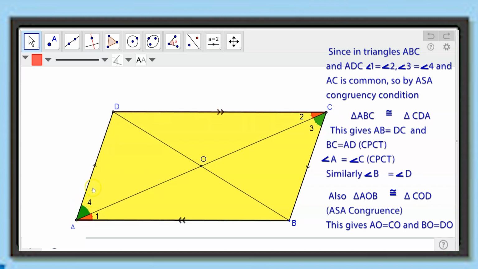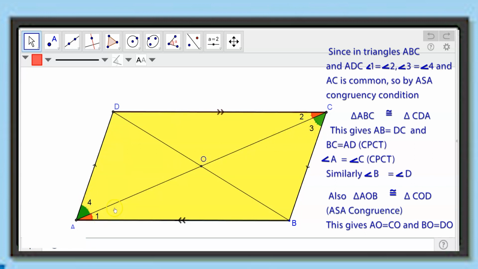Now if the two triangles are congruent, then angle D, which is in the second triangle, will become equal to angle B, which is in the first triangle, using the CPCT. That is, the congruent part of two congruent triangles will always be congruent. So I can say D will become equal to B. Similarly, I can also show angle C will become equal to angle A.